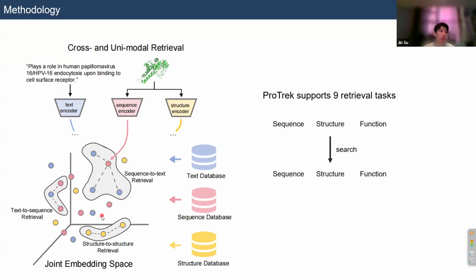Or if you just have a structure and you want to search for similar structures, you can also encode a protein structure into a point and search a structure database. By doing so, you can do structure to structure retrieval. So it's really flexible. In all, ProTrek supports 9 retrieval tasks, from these 3 modalities to the 3 modalities, so 3 times 3.